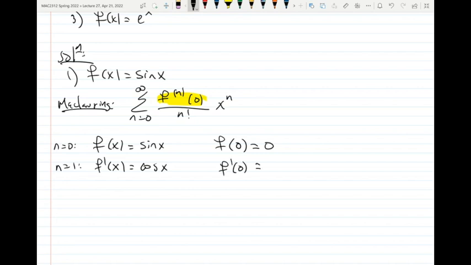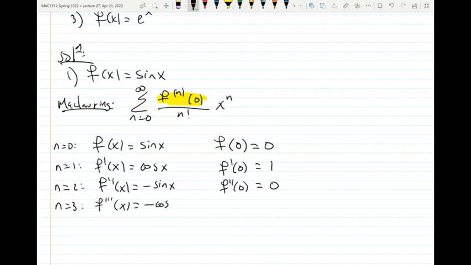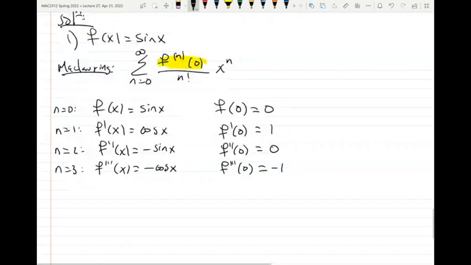So when you evaluate the derivative at the center, we get cosine of 0, which is 1. When n is equal to 2, you get the second derivative, which is negative sine. And when you evaluate this at 0, we get 0 again. Now when n is equal to 3, the third derivative is negative cosine, and when you evaluate this at 0, we get negative 1.